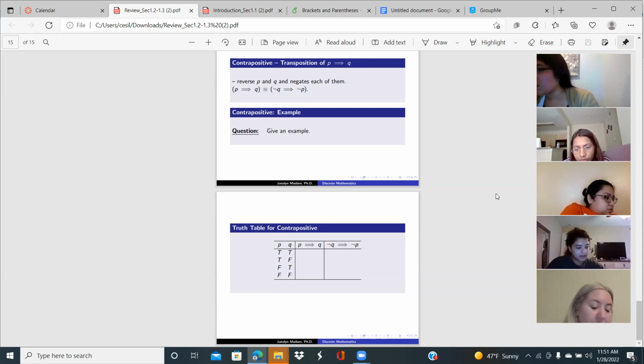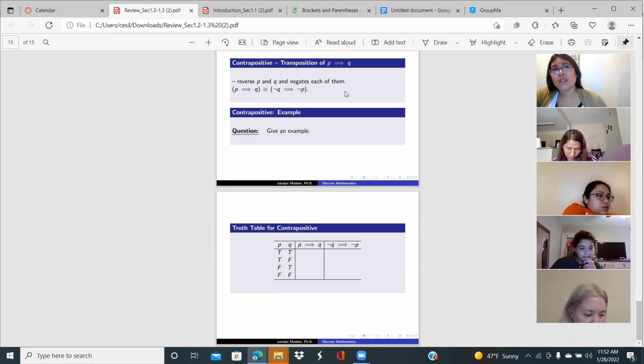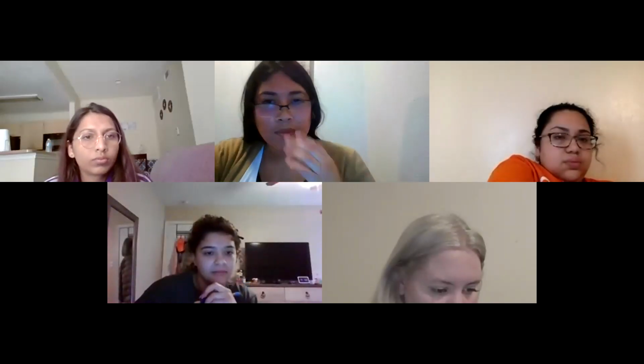Sorry, I looked at the truth table and it came up with the one with the right arrow. It's basically, it flips it, Q to P. Oh, okay. Q then P. Okay, I see.